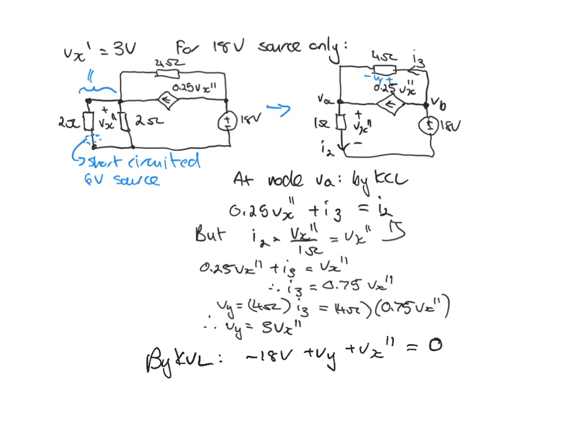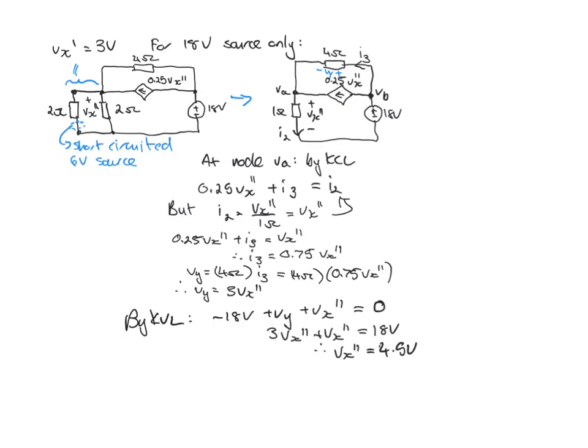So remember Vy is 3 Vx double dashed, so 3 Vx double dashed plus Vx double dashed is equal to 18 volts. And therefore Vx double dashed is equal to 4.5 volts.